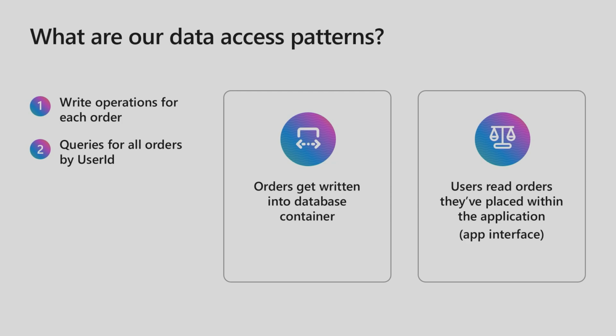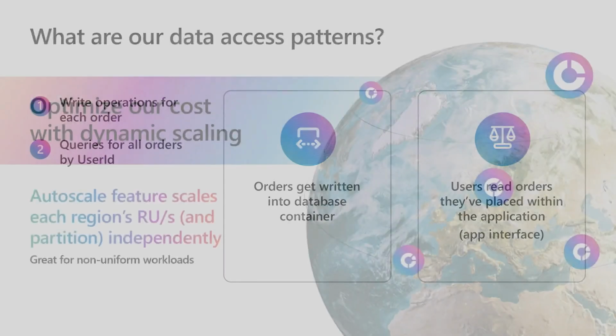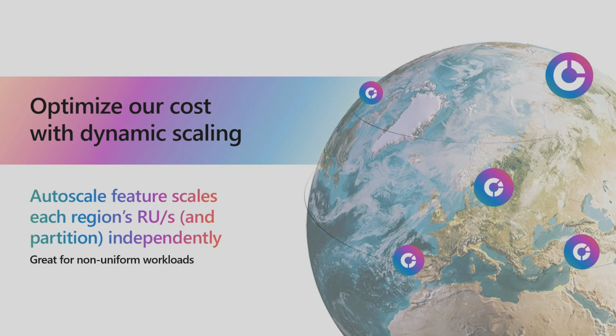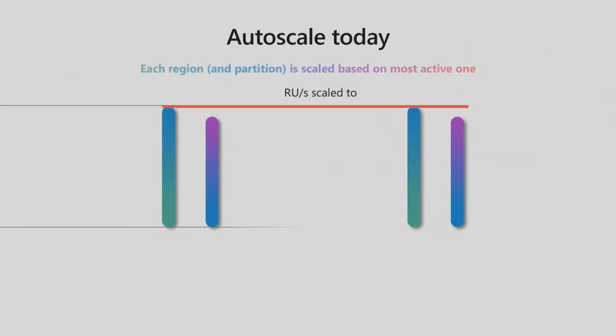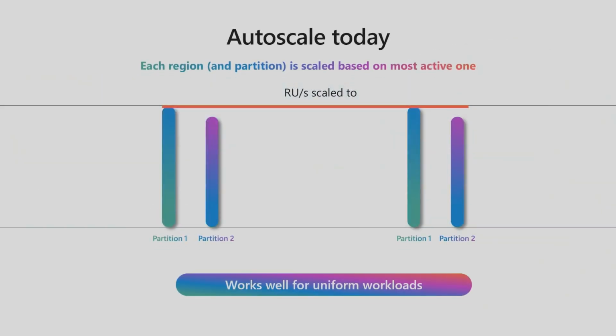You know what, I was actually worried about this too, but I was reading about new updates in Cosmos DB, and it turns out we have this new feature called dynamic scaling, which can actually help us in this scenario. So for everyone that doesn't know, previously on autoscale with Cosmos DB, all of your partitions were scaled up based off of your most active partition in your most active region.